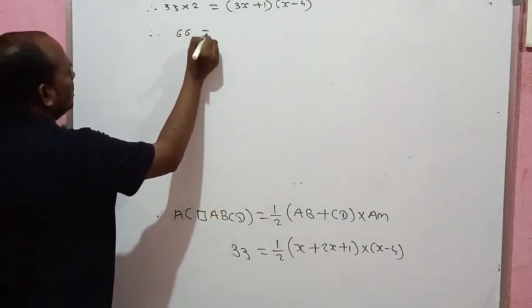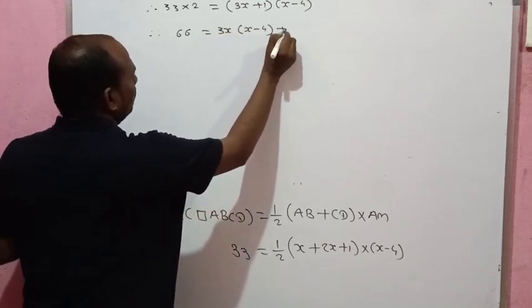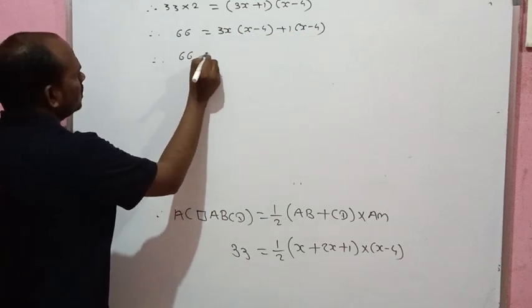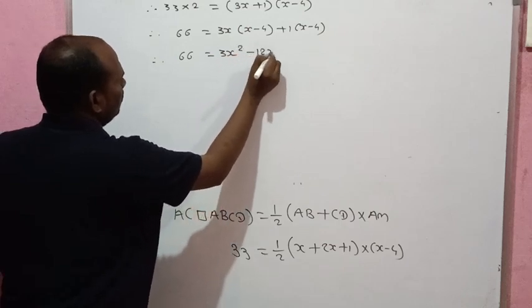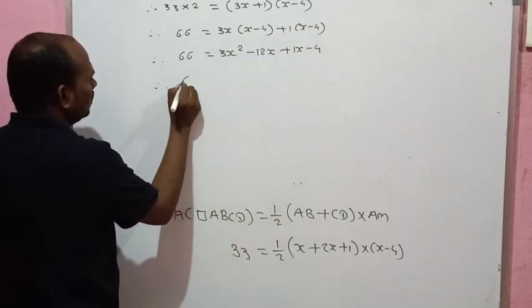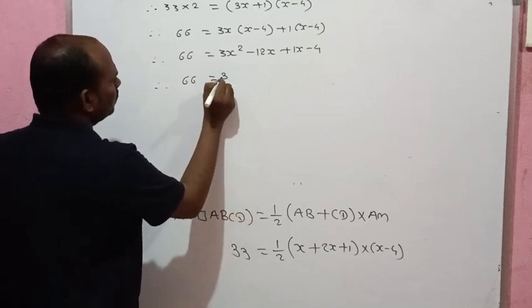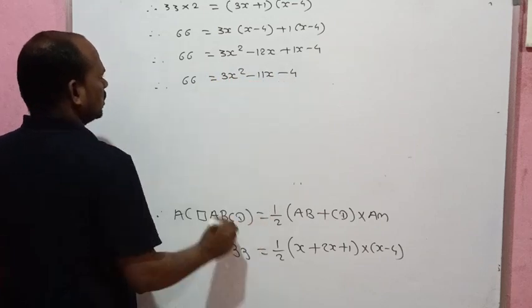That is 66 is equal to 3x plus 1, x minus 4. 66 equal to 3x square minus 12x plus 1x minus 4. Therefore 66 equal to 3x square minus 11x minus 4.